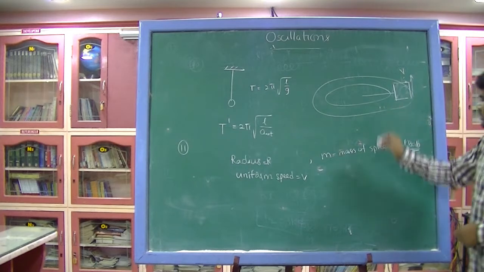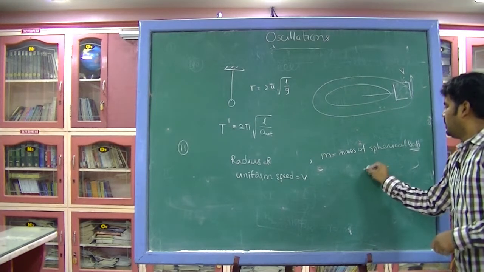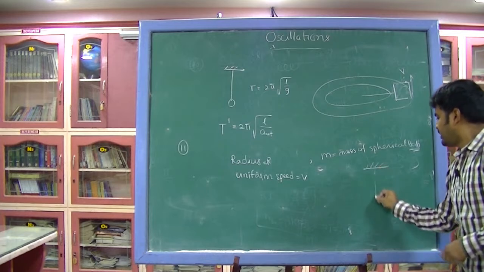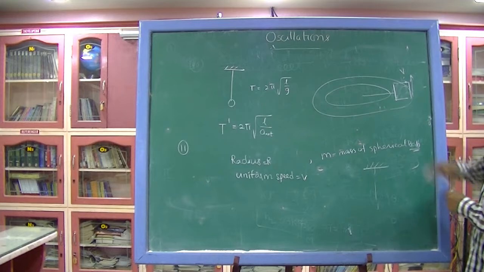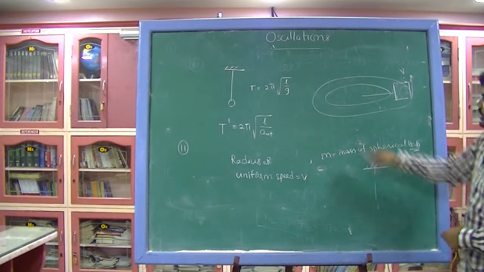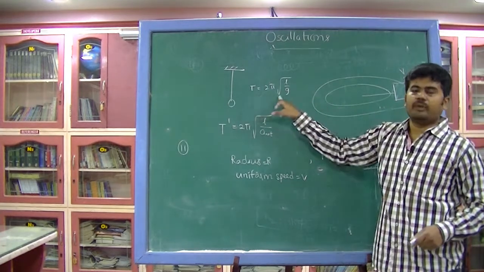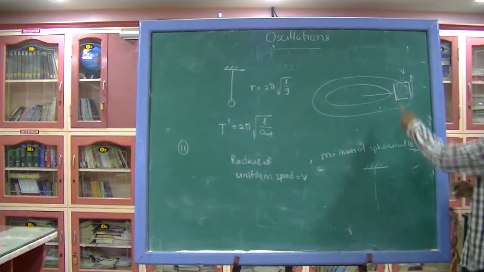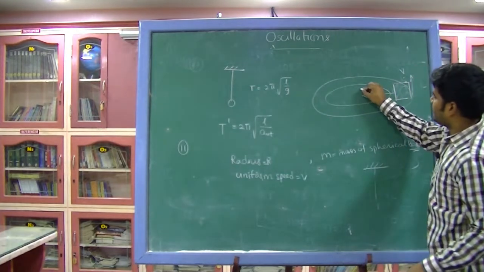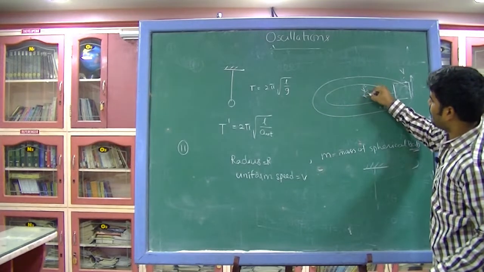So, if I draw the free body diagram of the pendulum, this is actual. If the car is not moving, the pendulum will oscillate with the actual time period, that is 2 pi root of L by g. Because the car is moving, it will experience a centripetal acceleration. We know centripetal acceleration is v square by r.